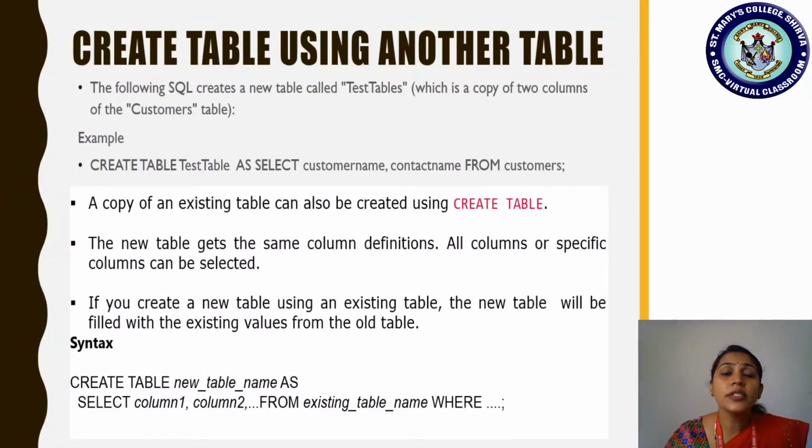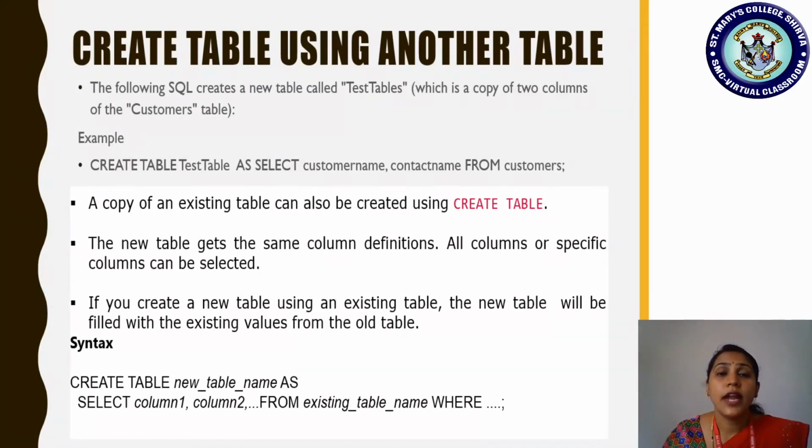So now the test table is a new table which has the attributes customer name and contact name. If we have already stored 5 customer names and 5 contact names, all the values are also copied to the new table, the test table.